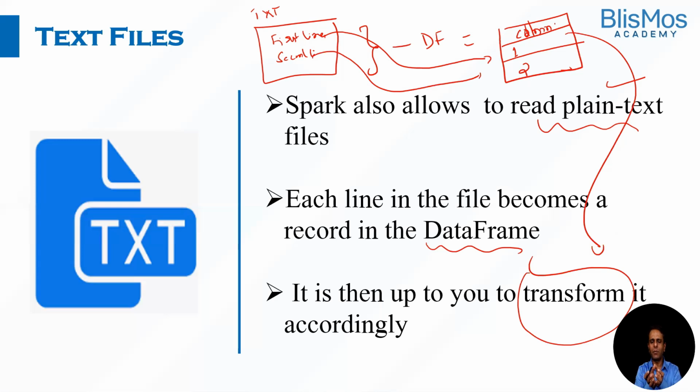Once you have the data frame, it is up to us how we want to transform that. Maybe by using regular expressions or some other functions or transformations, we can manipulate the whole data frame.